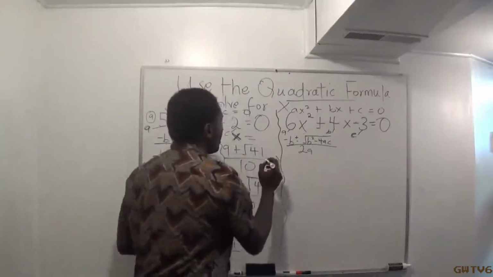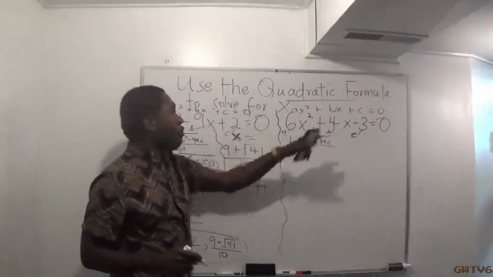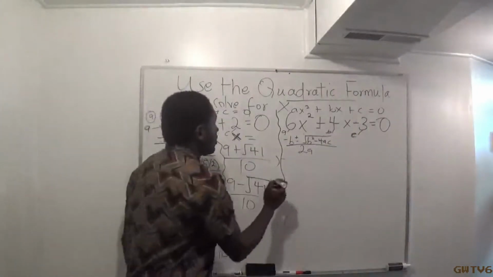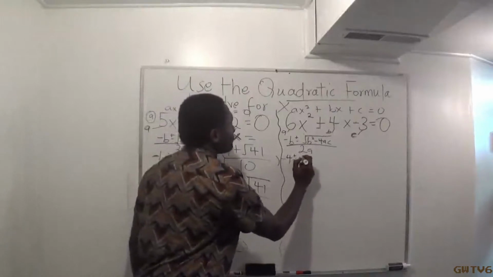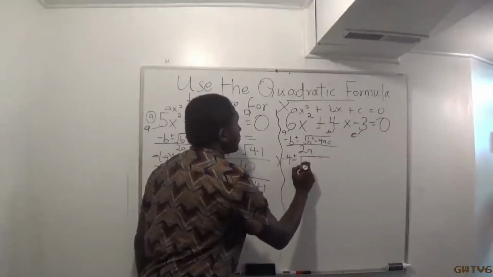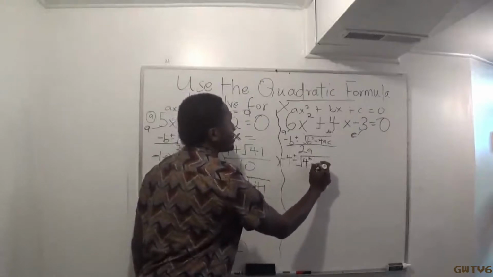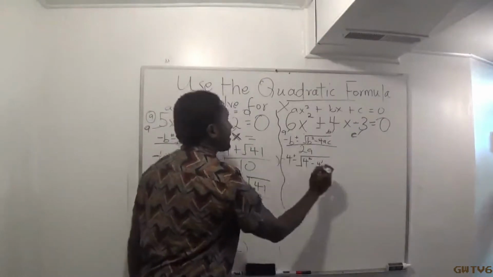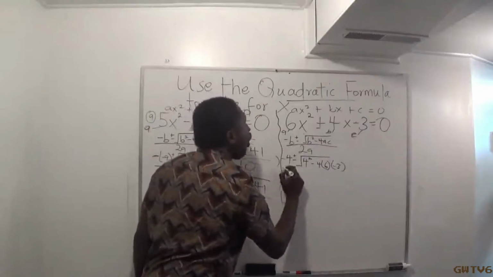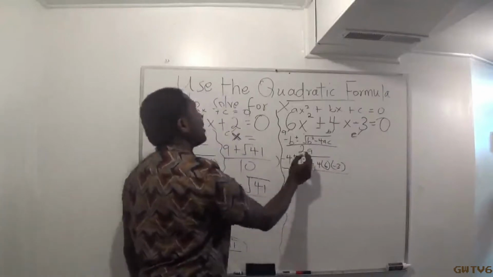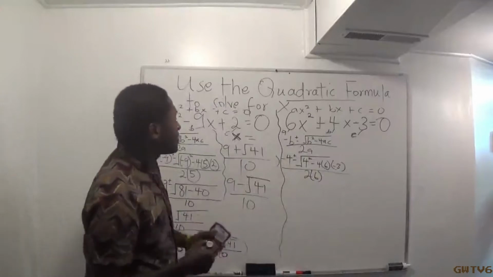Negative b, and b is 4, so I have negative 4, plus or minus the square root of b squared, 4 squared, minus 4 times a, which is 6, times c, which is negative 3. The whole thing is over 2 times a, so over 6. And now I just solve it.